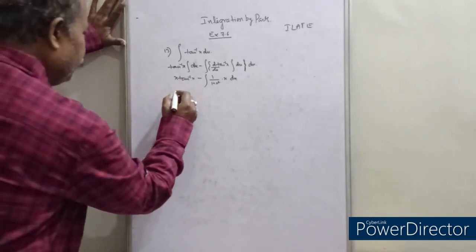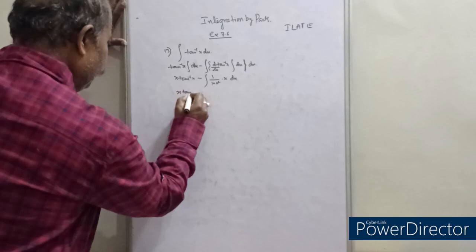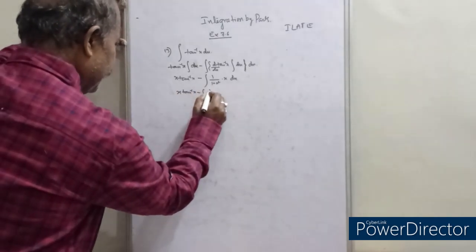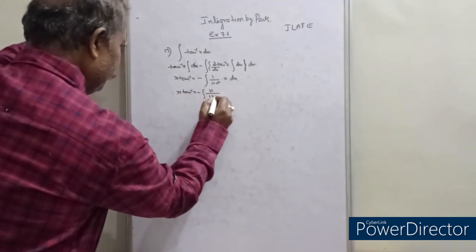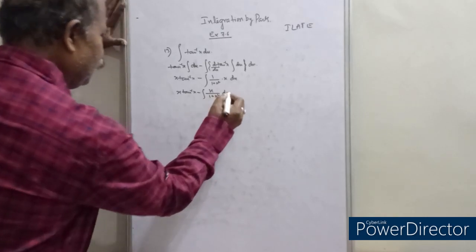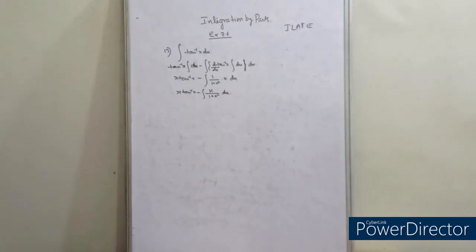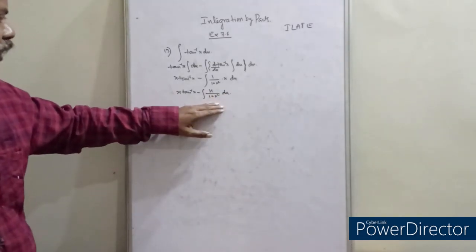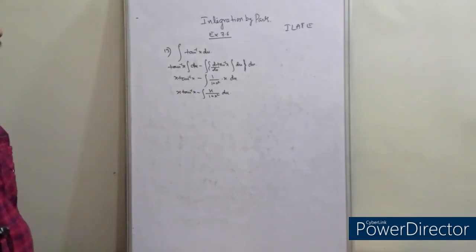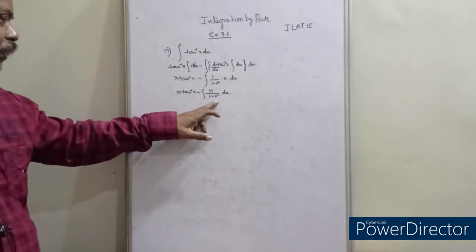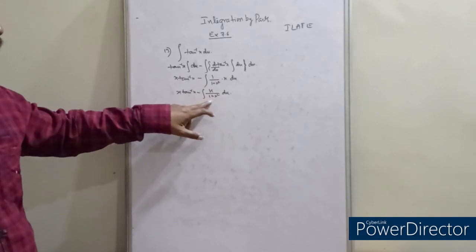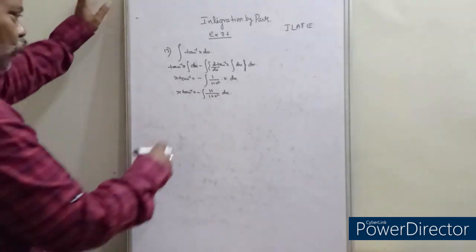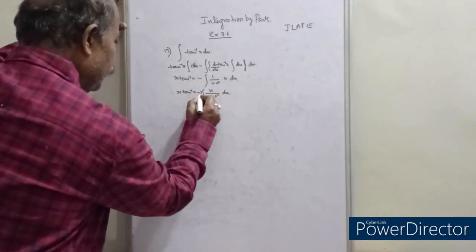Now x tan inverse x minus x by 1 plus x square dx, here there is no problem because differentiation of the denominator is present in the numerator. Differentiation of the denominator, the constant is 0 and 2x, so 2 is required, so I am going to do it like this.